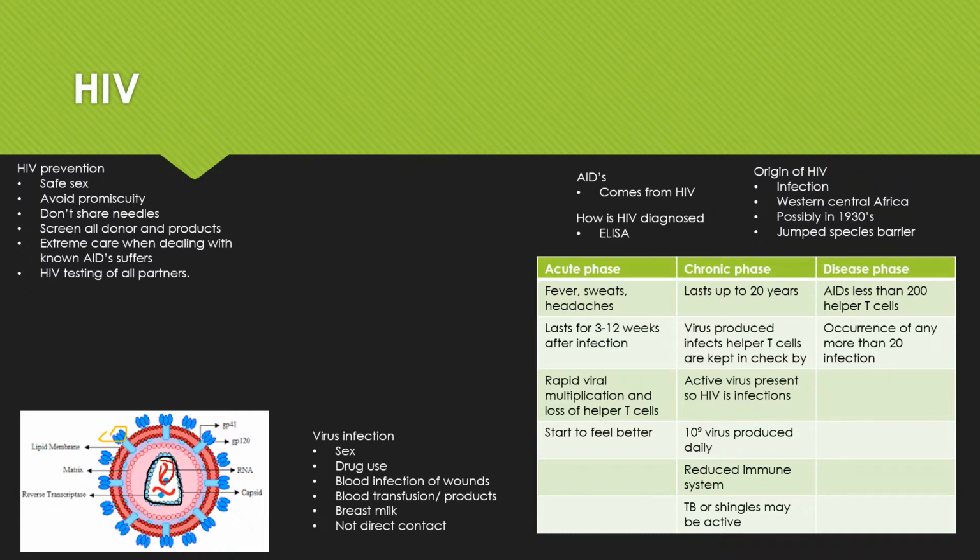Then you have your reverse transcriptase, which is these little circles. Your lipid envelope, which is here. And then you have your matrix, which is this area.